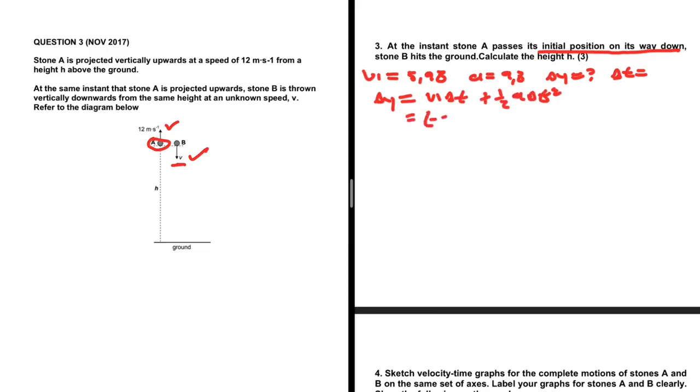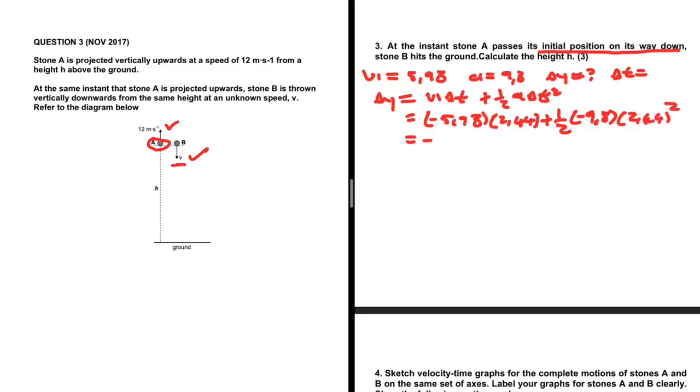So vi, that is minus 5.98. I'm always taking up as positive unless stated otherwise. And then the time is 1.22 multiplied by 2, which will be 2.44. Always positive, as time is a scalar. Plus a half, the acceleration is minus 9.8, the time is 2.44, and we square that.